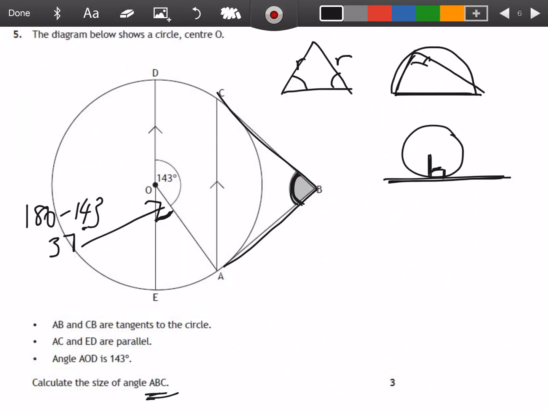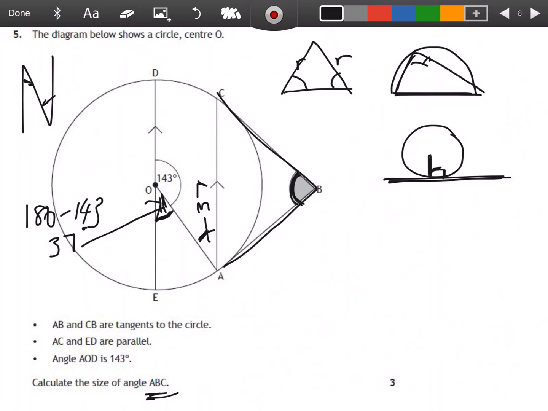Now I'm going to turn my diagram, my iPad even, on the side. I'm looking at this Z shape. That wee one's 37, Z shape. That's also 37. So this one here that's 37 is the same as this one here.